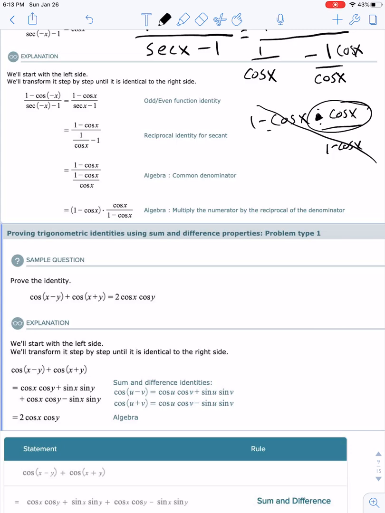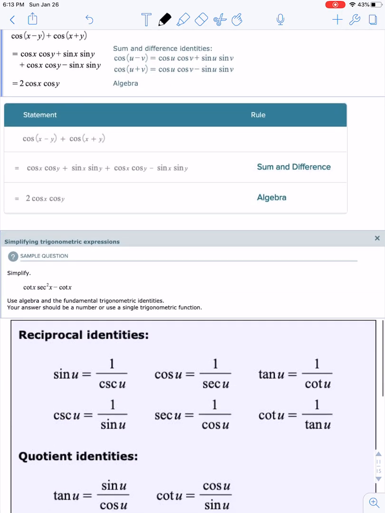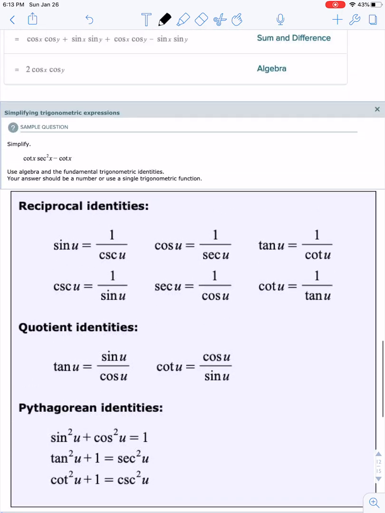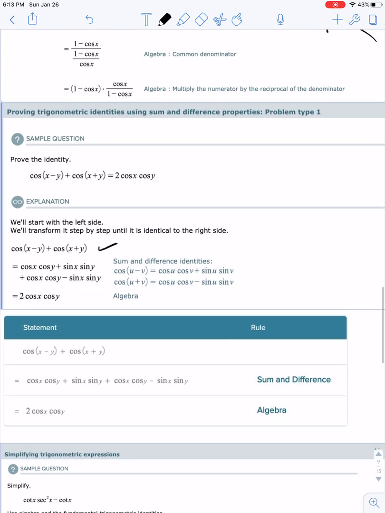Prove the identity. These are sum and difference properties. And again, you have your full-on nifty little formulas for those. Actually, the one that we need is right here. It says prove the identity cosine x minus y plus cosine x plus y equals 2 cosine x cosine y. This is literally just substitution.